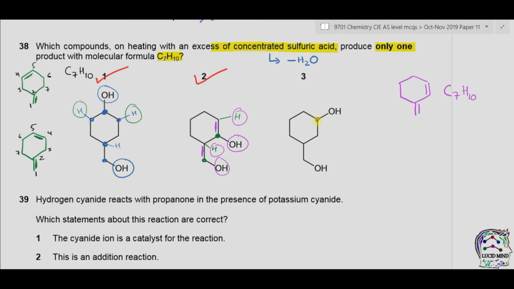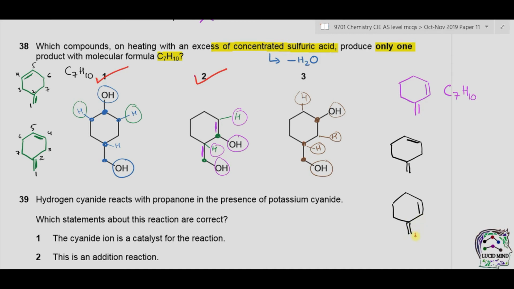In third compound, OH is attached with this carbon atom and hydrogen will be removed from adjacent carbon. Similarly, OH is attached to this carbon and hydrogen will be removed from this carbon. So we can draw the product. Either double bond will come between these two carbon atoms and these two carbons, or double bond will come between these two carbon atoms and these two carbons.